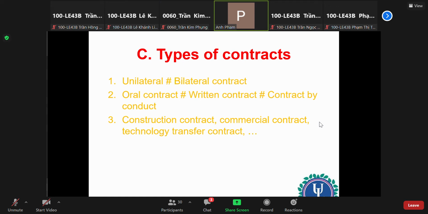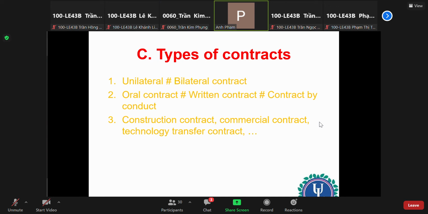So the criteria here is the formality, right? They are based on the formality of the contract. So the contract can be in the form of an oral contract, a written contract, or a contract by conduct.